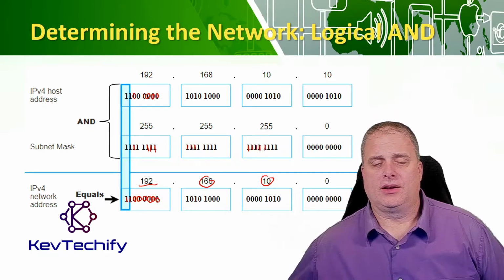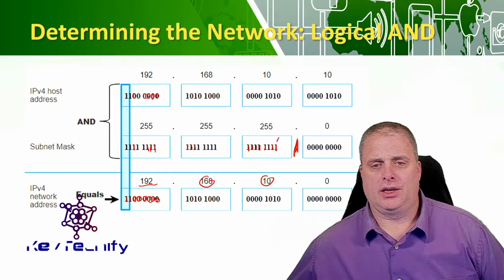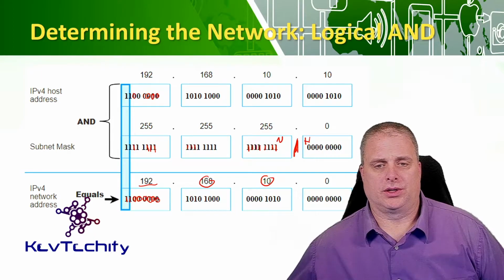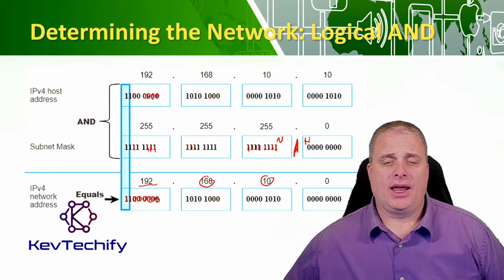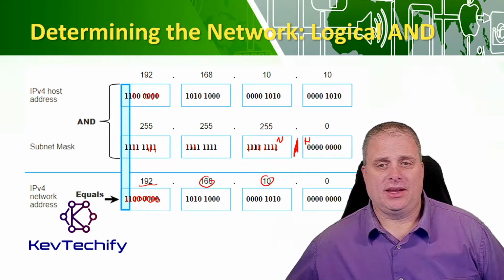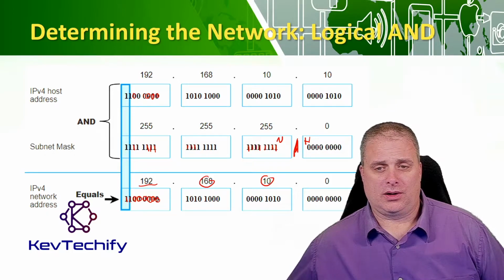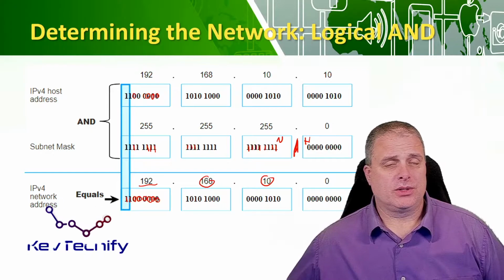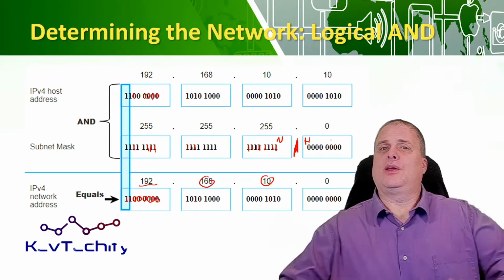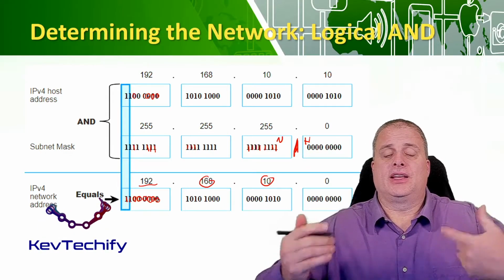But between the third octet and the fourth octet, this is where we see the subnet change between the network portion and the host portion. We go from ones to zeros. And now anytime you AND anything in this fourth octet where we have zeros from the subnet mask, the answer is 0.